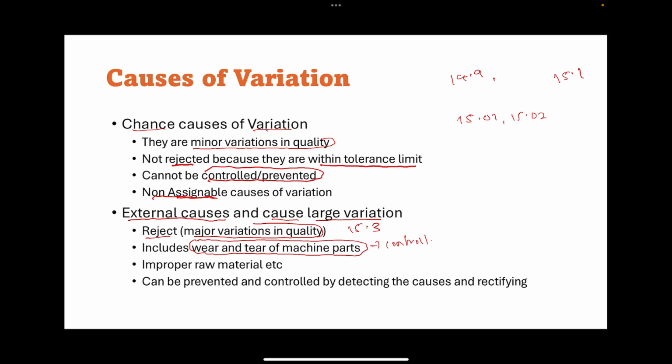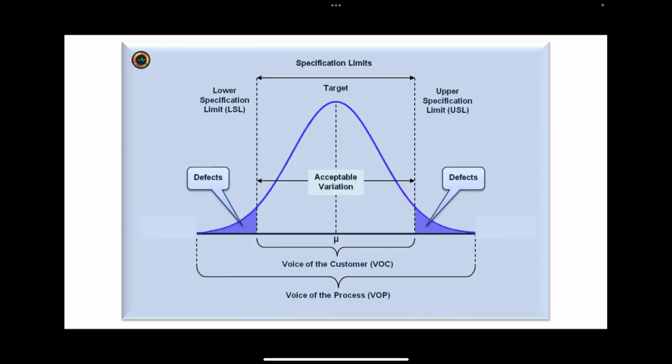You can replace the machine parts. And it can be due to improper raw materials also. This is another thing you can control. So these are assignable causes; you can find the cause for it. It can be prevented and controlled by detecting the causes, and you can rectify it. So these are the causes of variation.